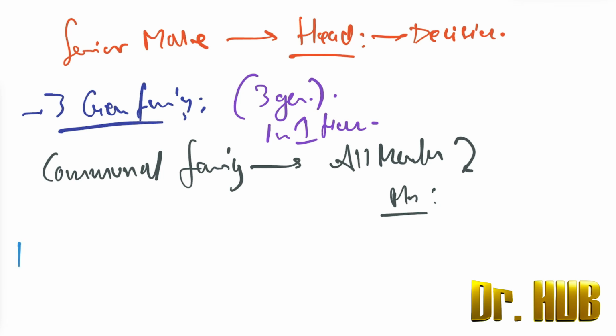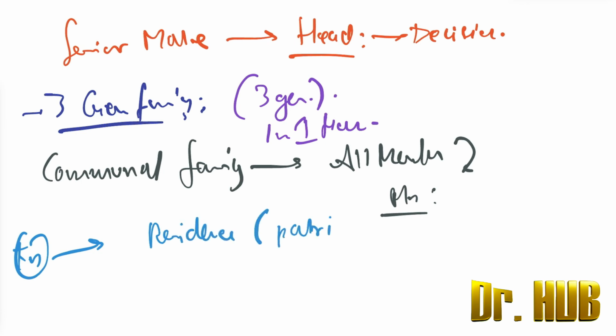So let's look at the functions of a family. First is residence, which can be patrilocal or matrilocal. Then there is the division of labor.